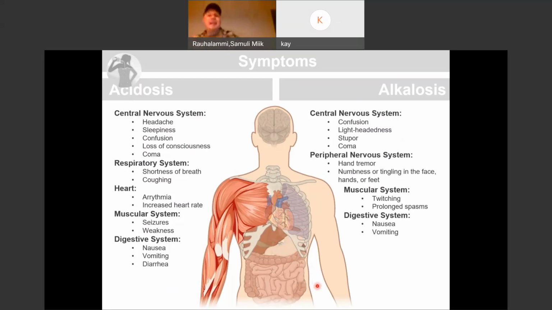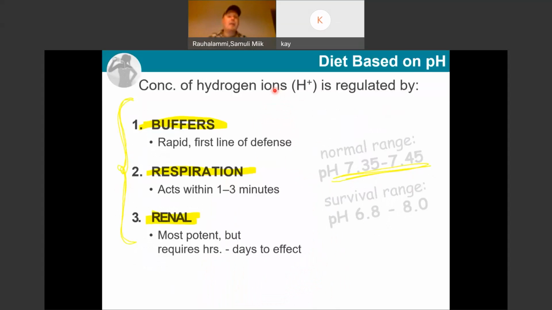So really, there is a reason why we don't let this happen. This could be lethal. So that's where those 3 amazing mechanisms for maintaining the body pH within a narrow range become so important.